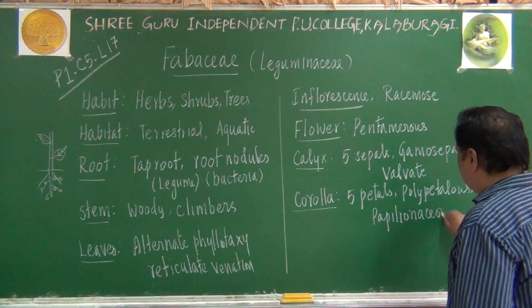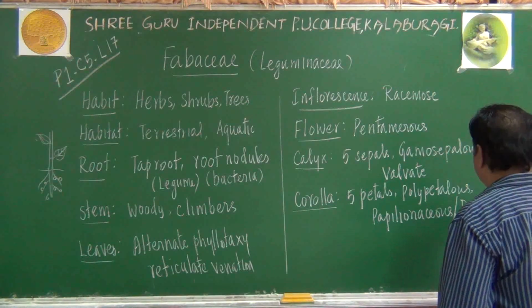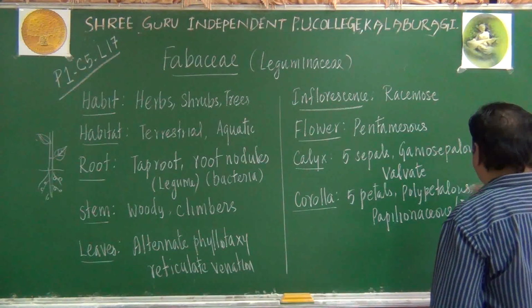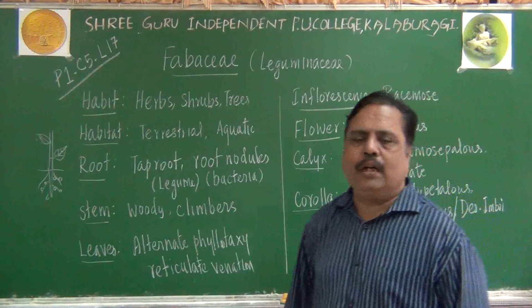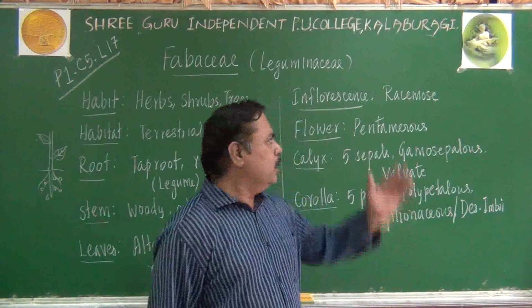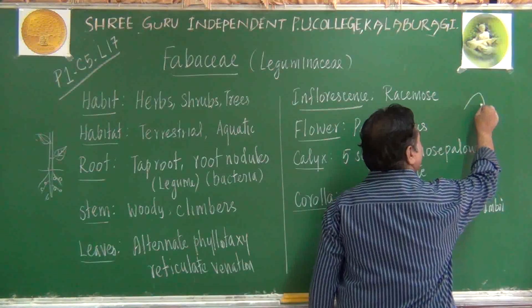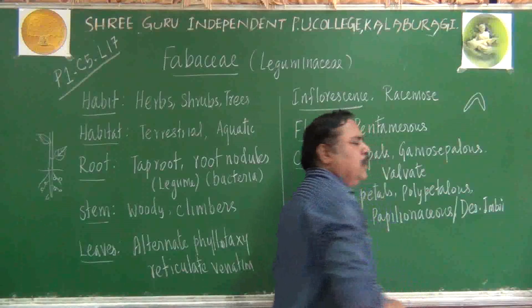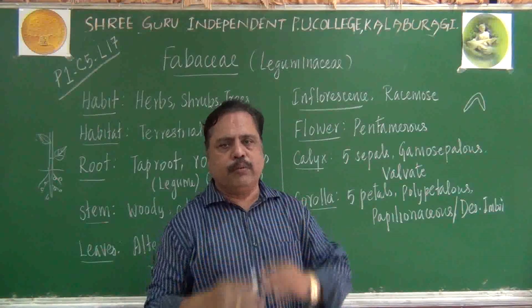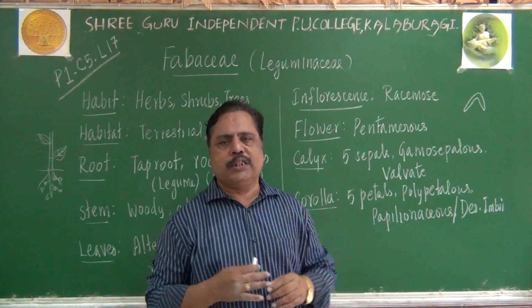A very important point is they have a papilionaceous corolla, otherwise a descendingly imbricate corolla. You may recall what descendingly imbricate aestivation is. In these flowers, if you observe, there is one large standard petal, called the vexillum or standard petal.